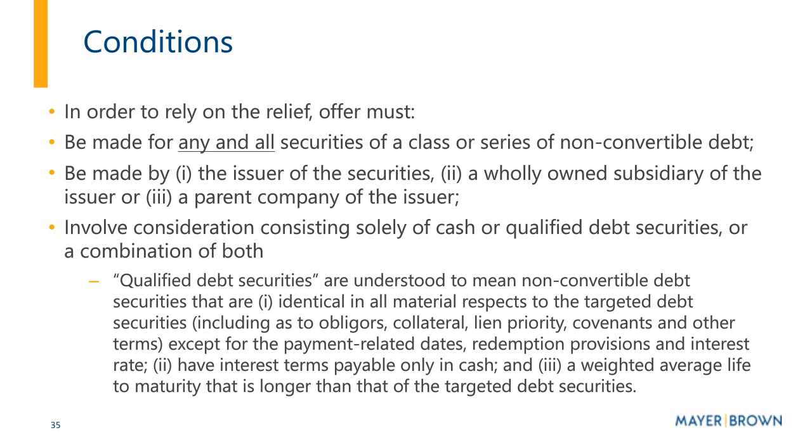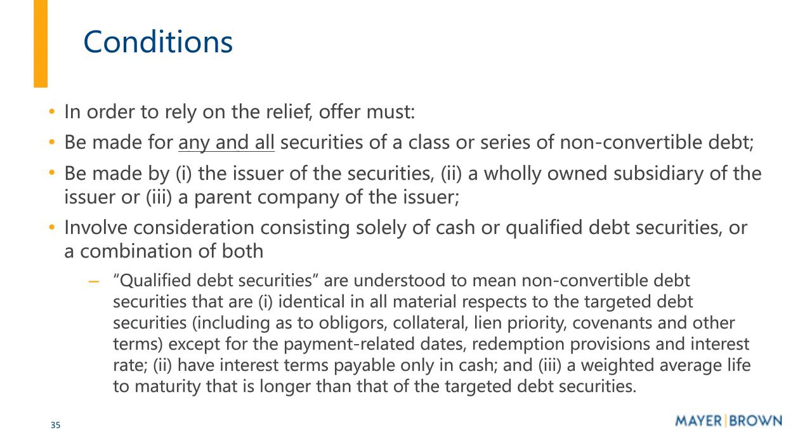And what we mean by qualified debt securities in this context are non-convertible debt securities that are identical in all material respects to the debt securities that are being tendered for, except for the basic money terms, so maturity date, interest payment record date, the redemption provisions, and so on.